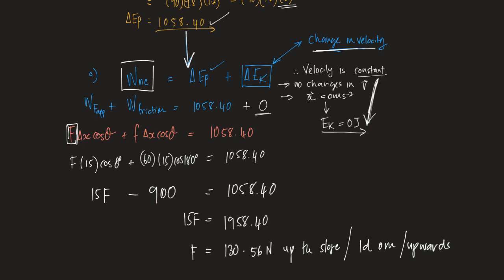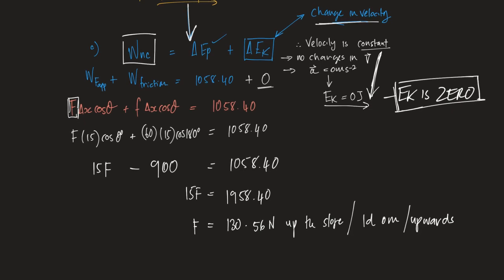Understand that equations of motion and graphs of motion come in here. And if there's no change in velocity, then your EK is 0. There is no change in kinetic energy if there is no change in velocity. And that is the last question C for this example.